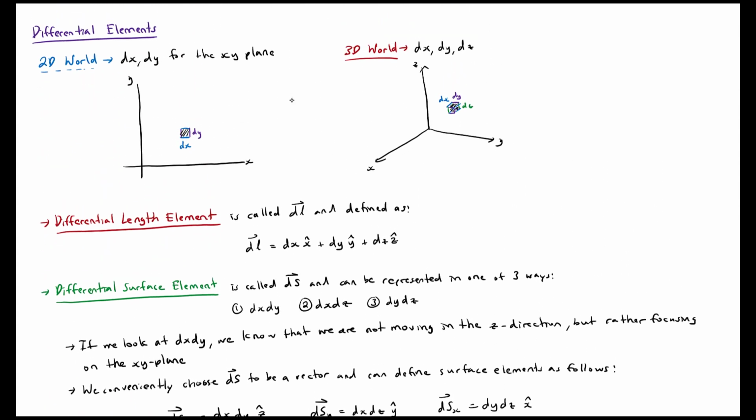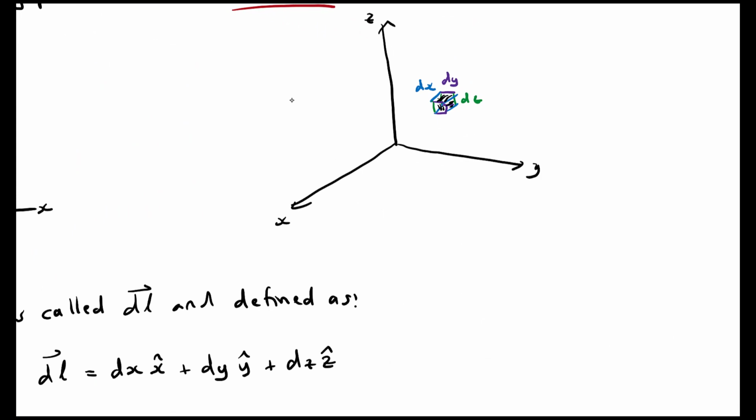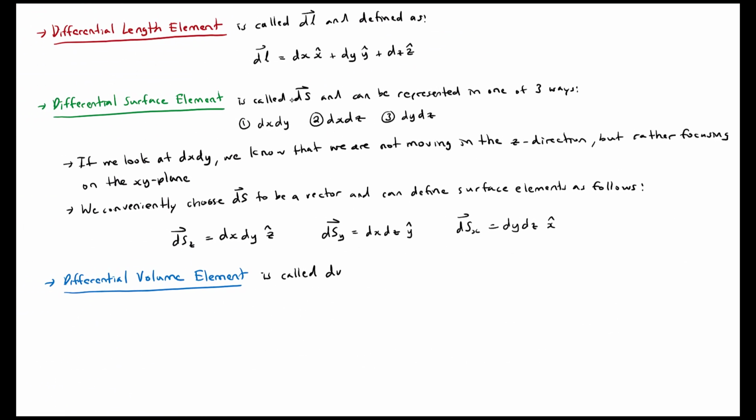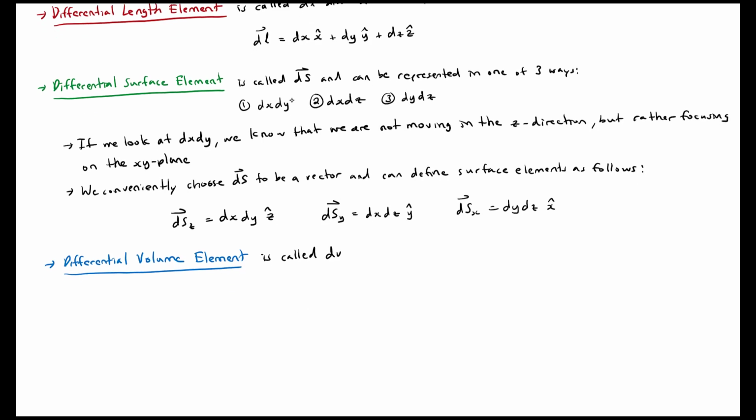Looking at our diagram above, it's exactly what we've drawn on the Cartesian coordinate system. We have dx, dy, and dz, and it forms this tiny cube or tiny volume that we call a differential volume element. So when we're trying to figure out the volume for this differential volume element, it's simply dx times dy times dz. So we have dv being equal to dx times dy times dz.